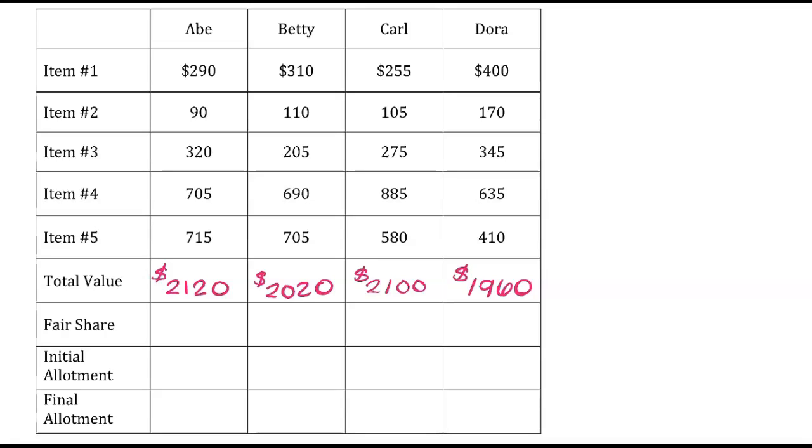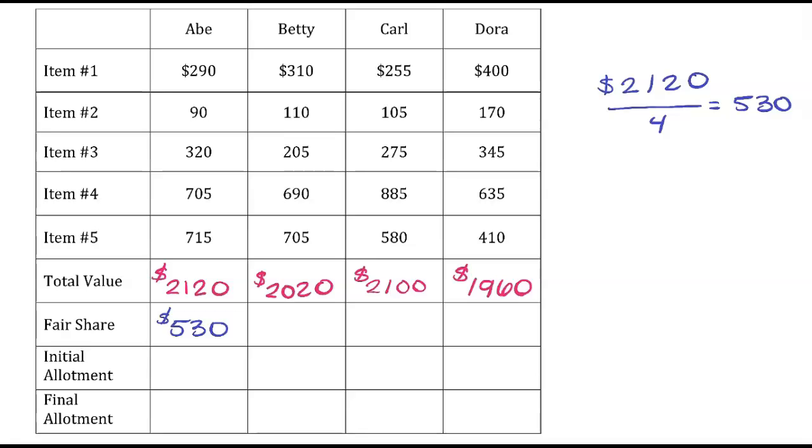Let's think about what each player feels is their fair share. If Abe feels that the total set of assets is worth $2,120, then a fair share should be 1/4 of that, or 25% of that, because there's 4 players. Dividing this by 4, we get $530. That is, Abe will be happy as long as he walks away with at least $530 worth of assets or money.